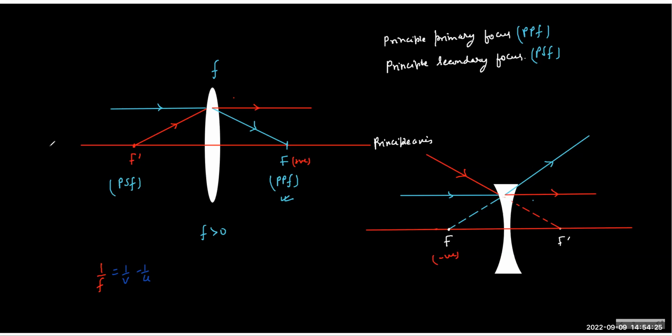So if I keep some object here, let's say I want to know where I should keep my object so that the image is formed exactly at the same distance as that of the object, but on the other side.